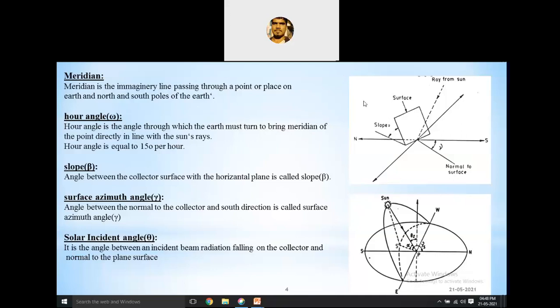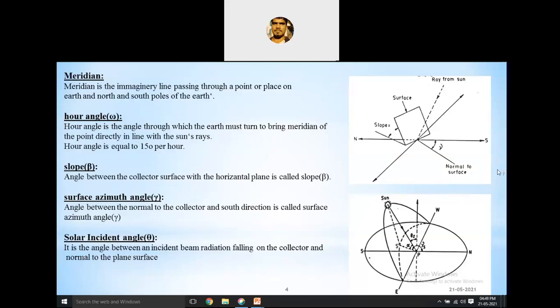Next is the hour angle, omega. The hour angle is very important. It is the angle through which the earth must turn to bring the meridian of a point directly in line with the sun rays. I told you the earth is rotating on its own axis as well as revolving around the sun.